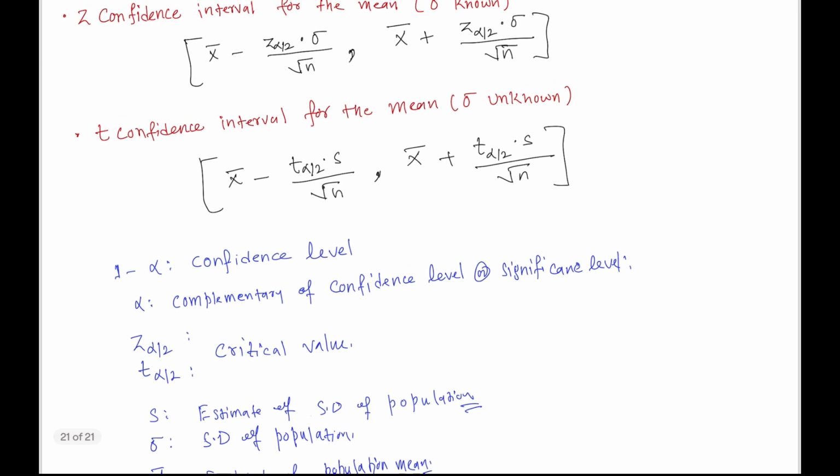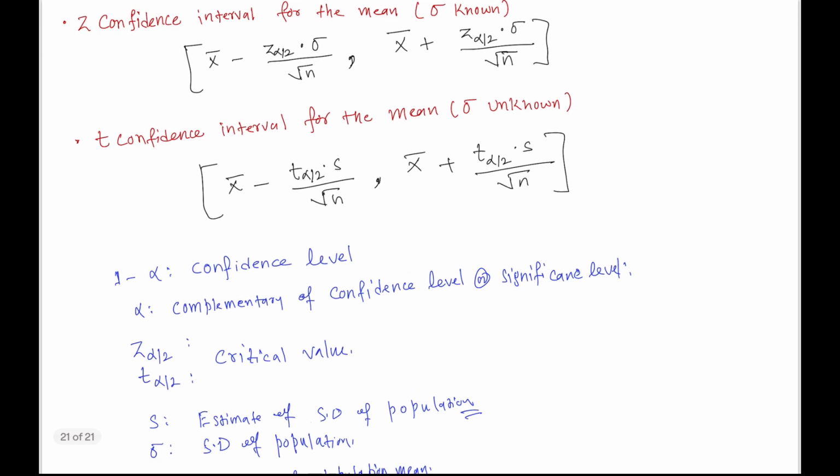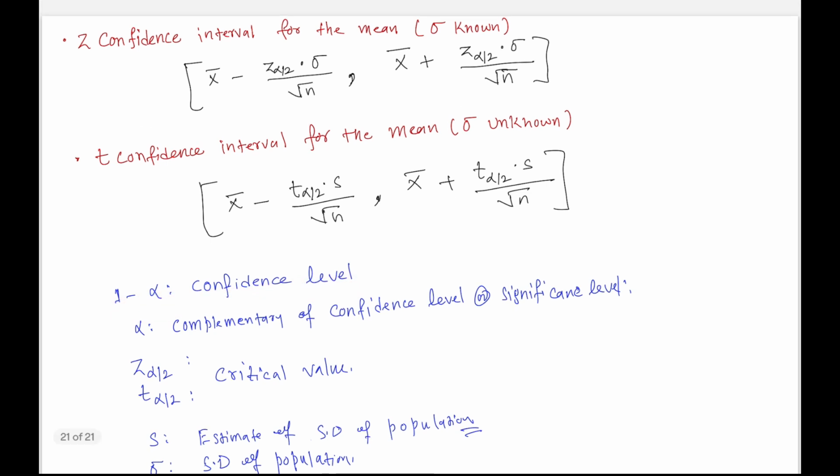Right, and this alpha: if 1 minus alpha is the confidence level, then alpha is the complement of the confidence level, or we also refer to it as the significance level, right? So if the confidence level is 95%, then alpha will be 5%, right? So this is the complement of the confidence level.